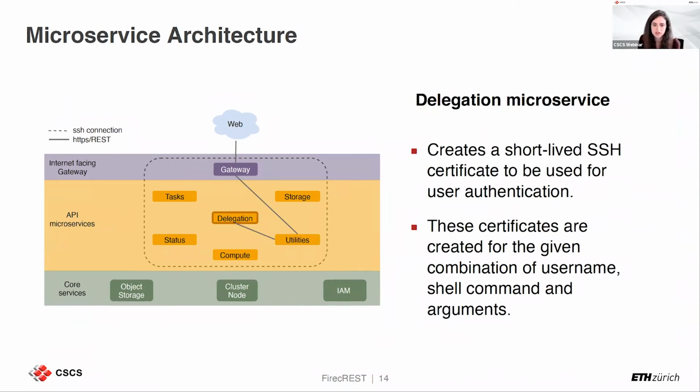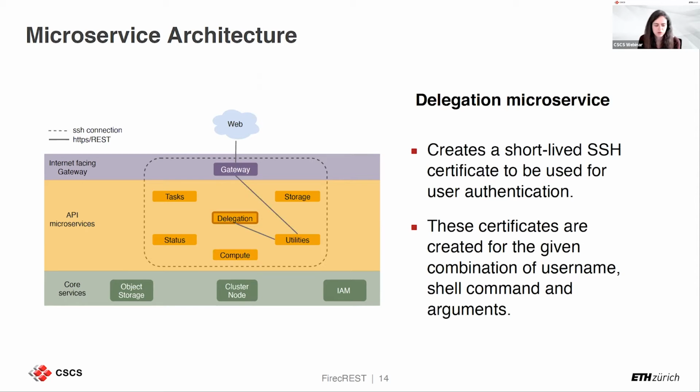delegation microservice. The delegation microservice is a very important microservice in FirecREST. It should be isolated and as protected as possible, because this is how FirecREST is operating on behalf of the user, with these short-lived SSH certificates.